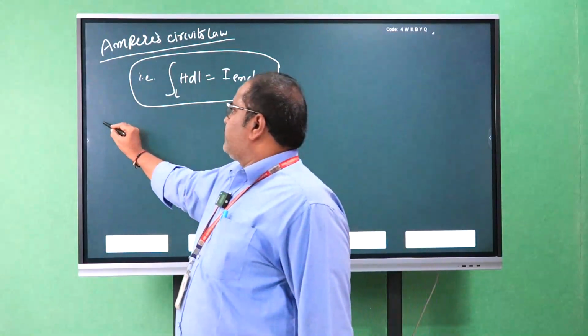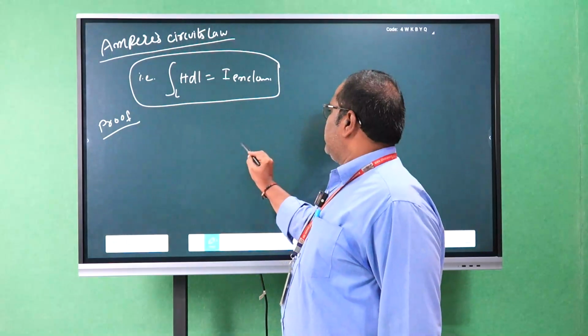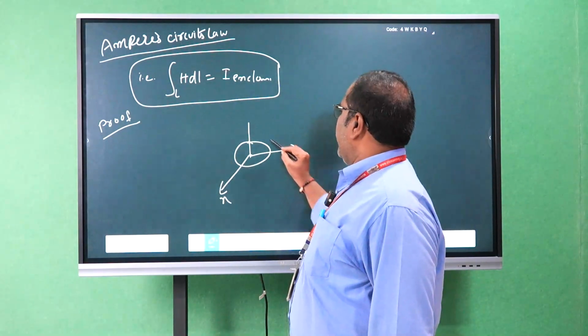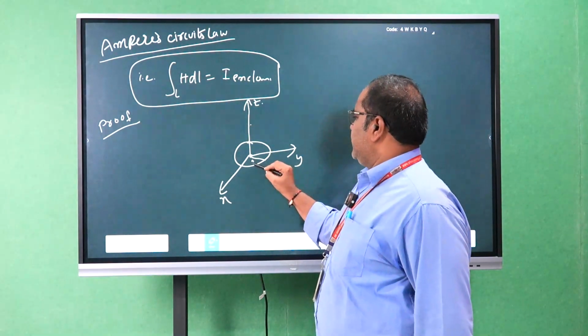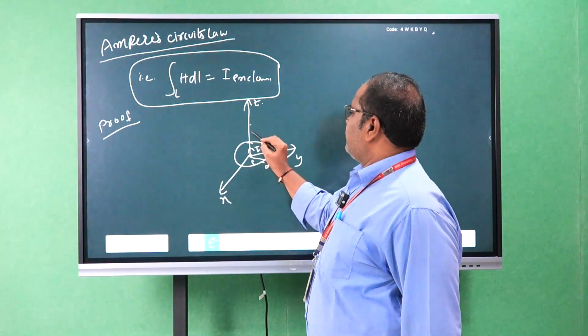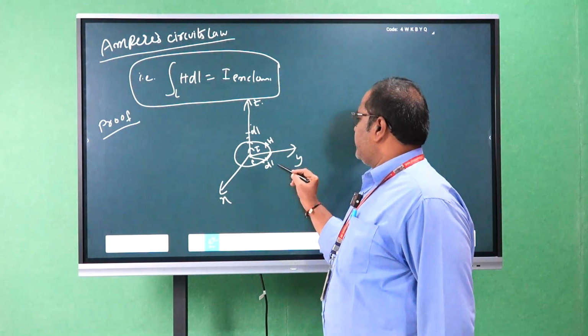So what is the proof of Ampere's circuital law? Consider a circular loop with the x-axis, y-axis, and z-axis. It is a circular loop of radius rho, with a differential element dl carrying current I, and the magnetic field H at this point.